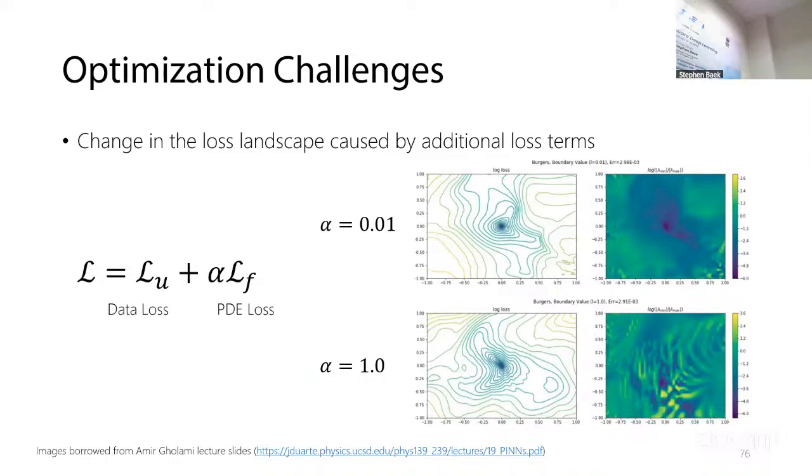Here's another perspective. We have the loss landscape for the same problem. And as one of you already asked, we have the coefficient over here. When that coefficient is small enough, we have a relatively smoother surface. Versus when you have a larger coefficient, you start to see lots of wrinkles, which makes it much harder to optimize.